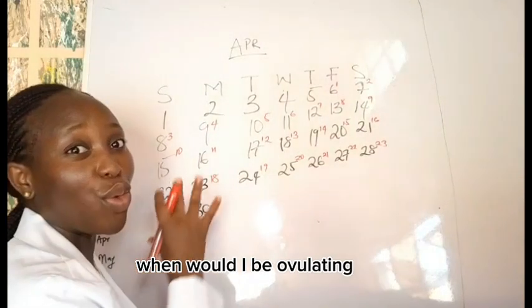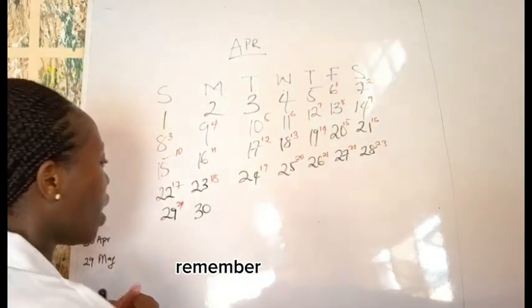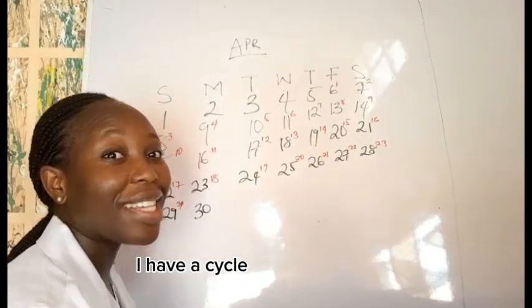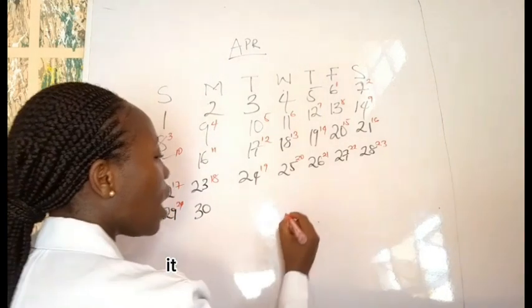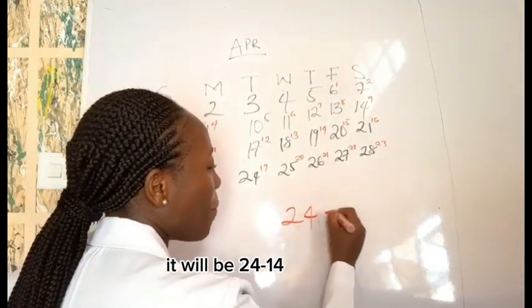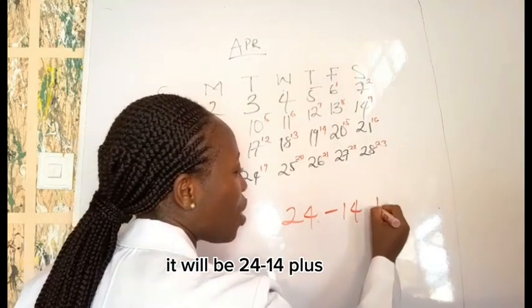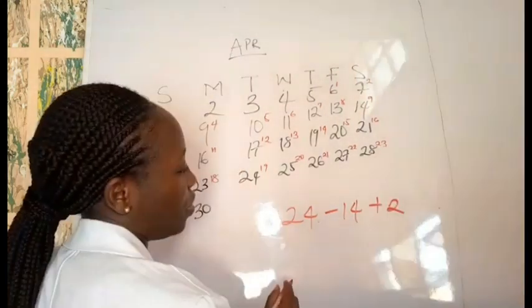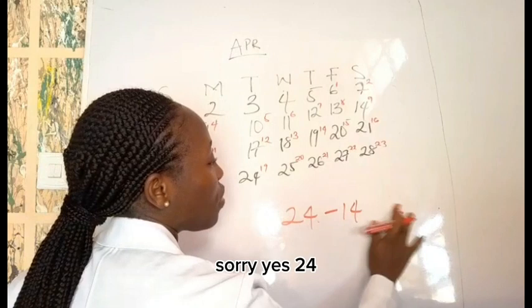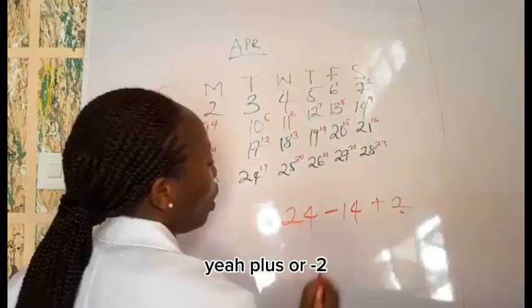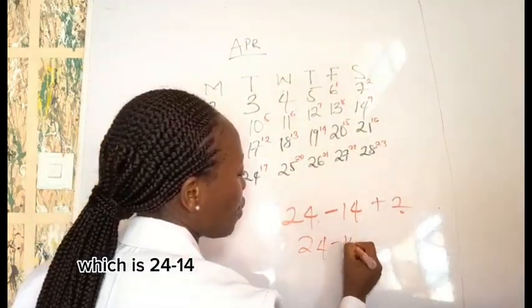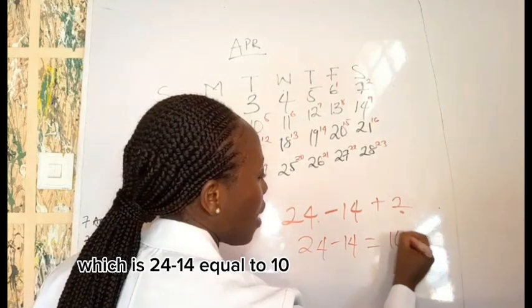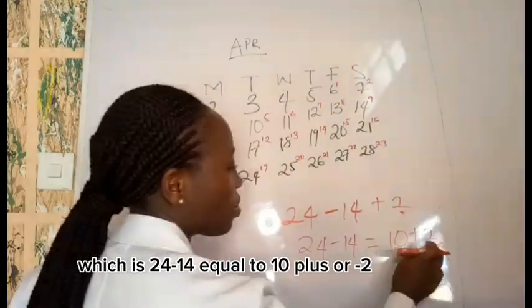When will I be ovulating here? Remember, I have a cycle length of 24 days. It will be 24 minus 14 plus or minus 2, which is 24 minus 14 equal to 10 plus or minus 2.